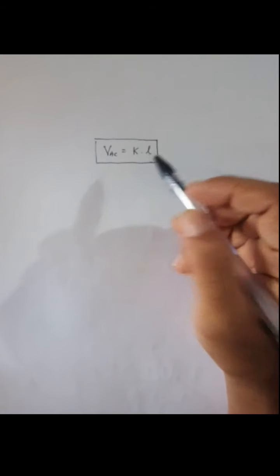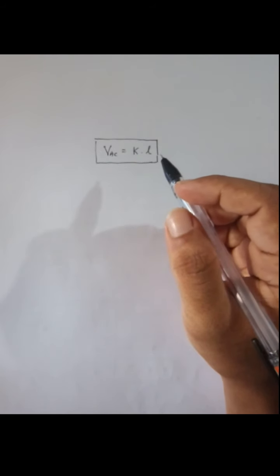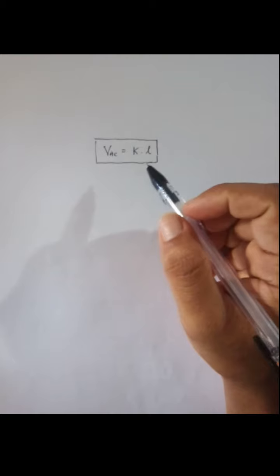Here the letter K is called the potential gradient, which means the potential drop per unit length.